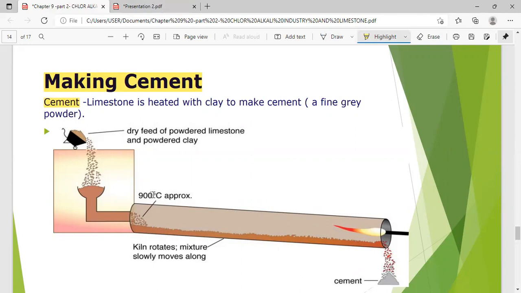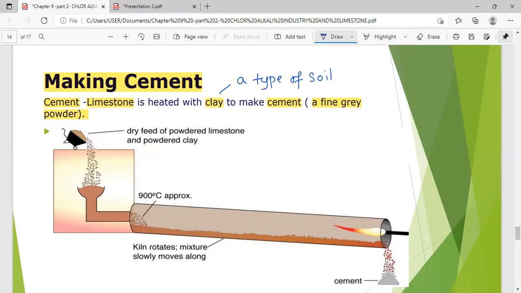Limestone is heated with clay to make cement, which is a fine gray powder. What is clay? Clay is a type of soil.